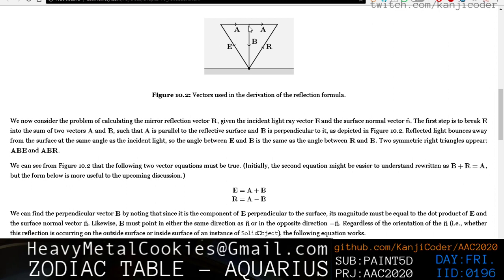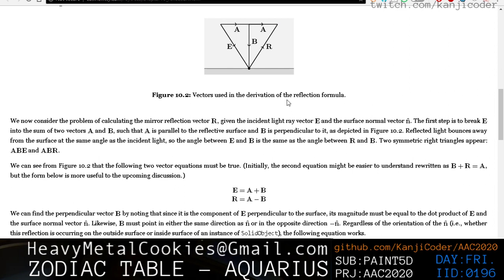And so 0, 0 to here is a certain length, right? So I get how we're saying B plus R equals A. Now we have a certain length only on the x-axis. Okay, yeah, makes sense to me.